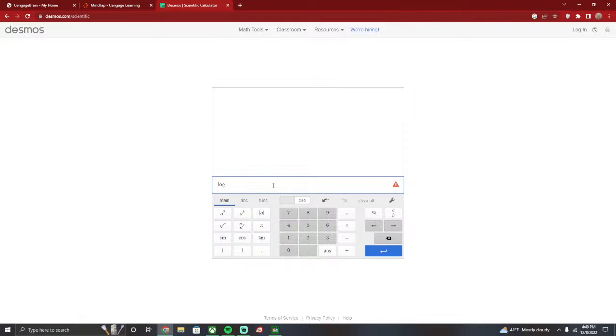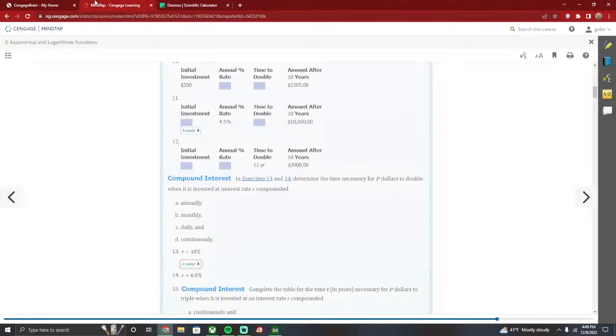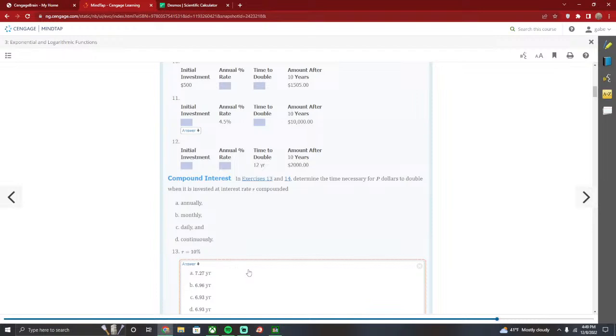That's going to stay the same. That's going to be 7.27. So I just need to divide all that by 0.1. 72. Do you agree with me? Please say. Well, screw you.